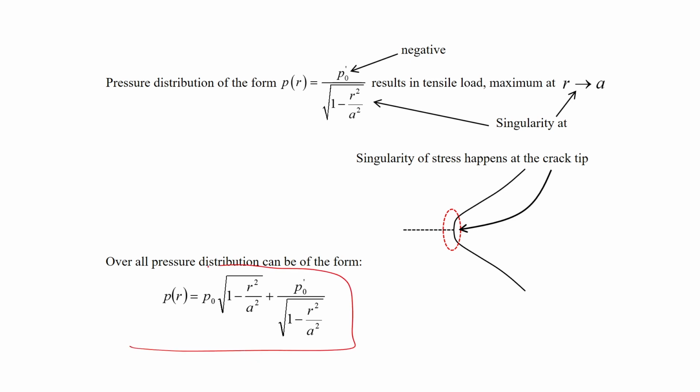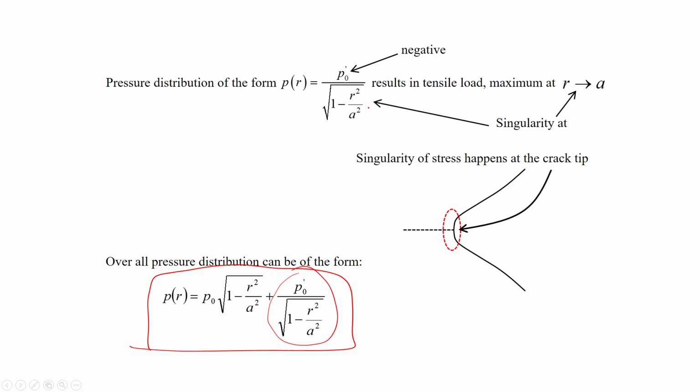The total, overall pressure distribution is given by this. See this portion, this part of the pressure distribution does not alter, it does not change the contact radius, because that remains constant. On the other hand, this changes the stress; it leads to the stress singularity at the crack tip or at the contact line.